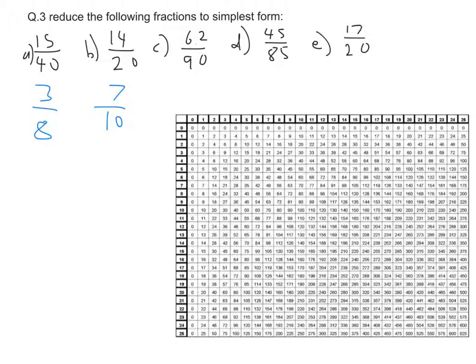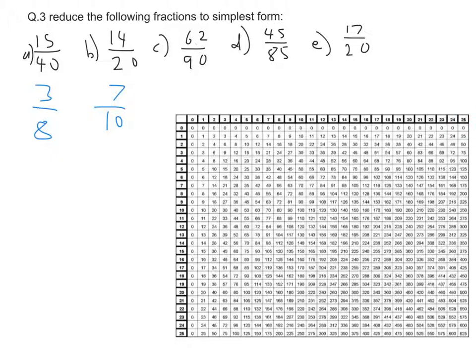Okay, so let's go to the next one, 62 over 90. I'm looking for the number 62 in the same row or the same column. In this case, it's going to be a little bit hard for me to find 62 and 90 in the same row because I can't seem to find it. That is because it's actually in the multiples of 2. But the multiples of 2 only goes up to the number 25 here.